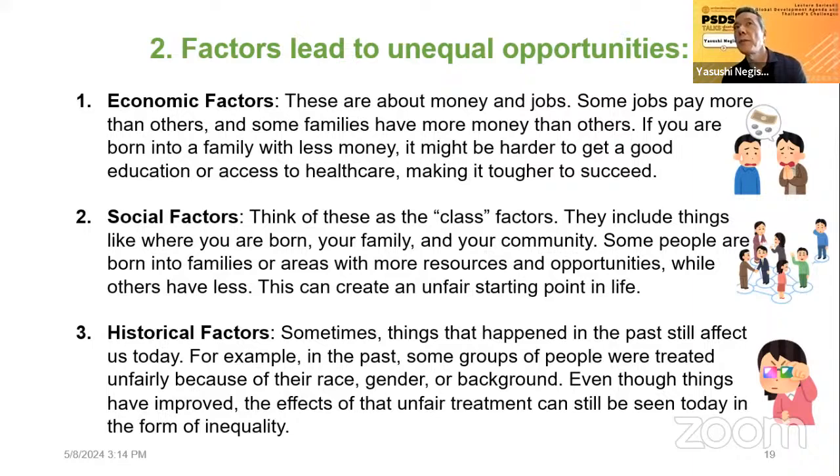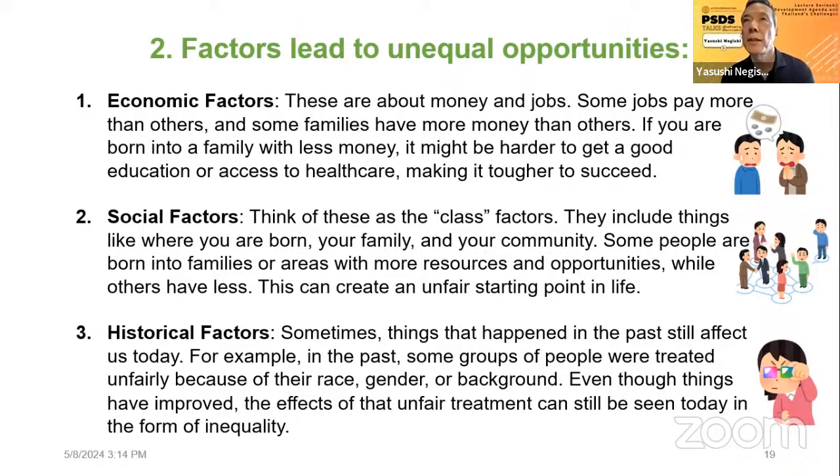Some jobs pay more than others, and some families have more money than others. If you are born into a family with less money, it might be harder to get a good education or access to healthcare, making it tougher to succeed. These are economic factors.